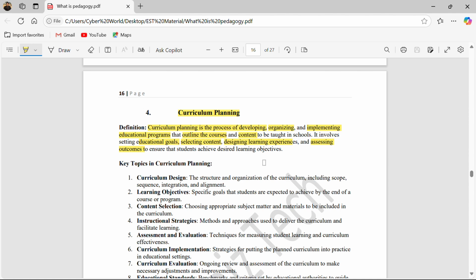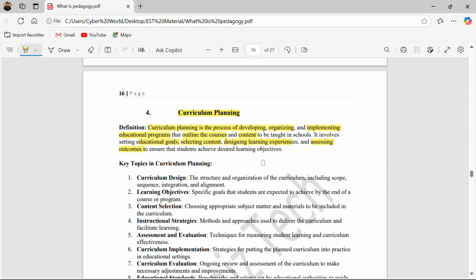So you have to establish the outlines of the course content to be taught in school.